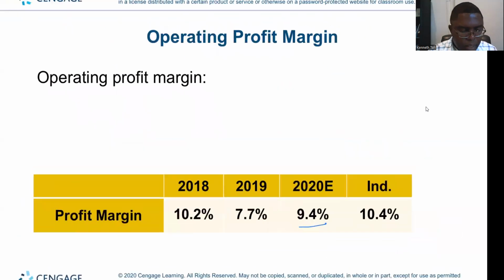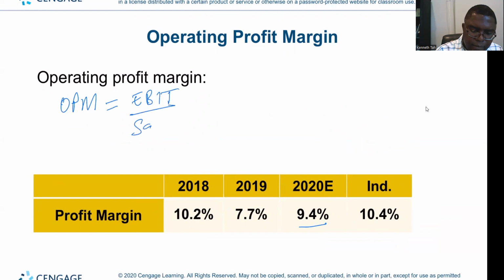The second is what we call the operating profit margin. The operating profit margin is computed as earnings before interest and taxes divided by sales. So this tells us the company's performance with respect to its operation before the impact of interest expenses. If we go to the income statement, we can see the earnings before interest and tax, and sales we already said is 6,600.